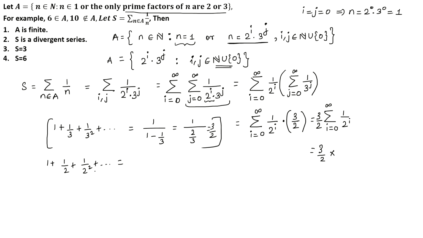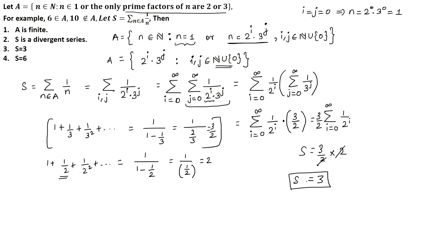Again, it is a geometric series whose first term is 1, but the common ratio is 1 by 2. So the sum will be 1 by 1 minus 1 by 2, which is equal to 1 by 1 by 2, and hence equal to 2. So instead of sigma i equals 0 to infinity of 1 by 2 raised to i, we can write 2, and therefore S is equal to 3.